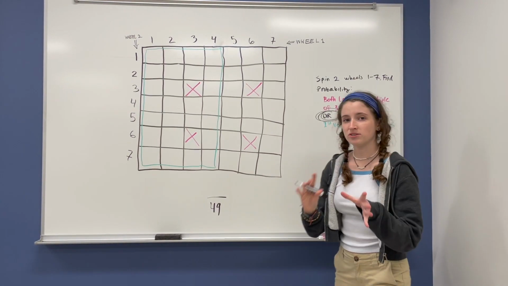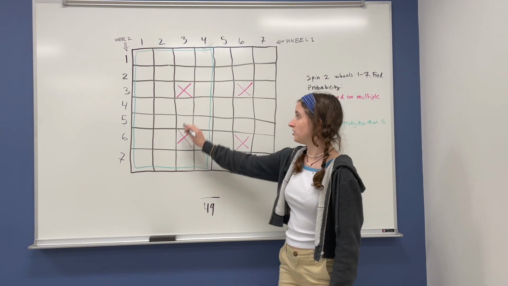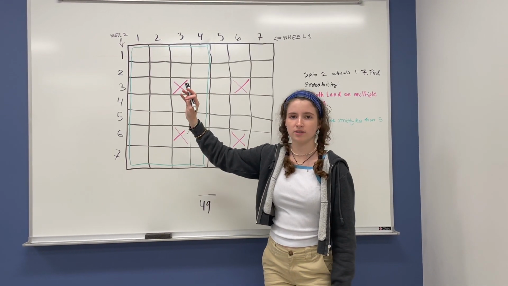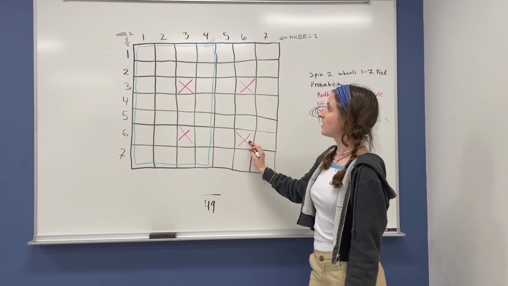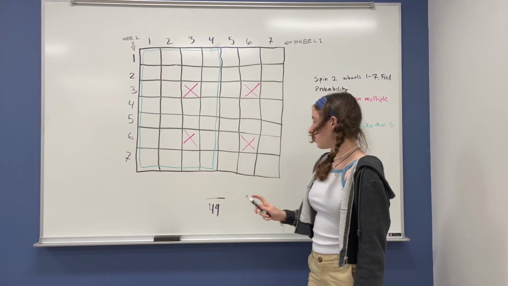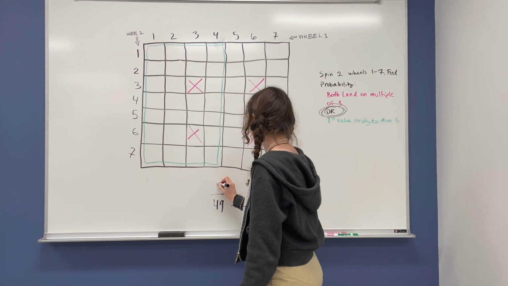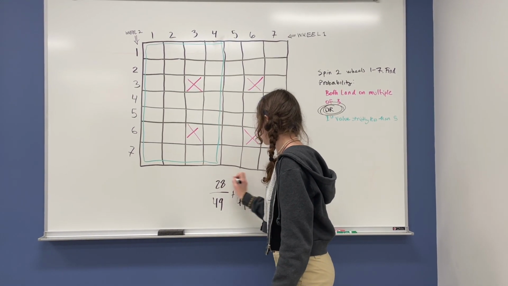A lot of people make the mistake of counting everything and not subtracting these 2 cases that you're going to count twice. Does that make sense? Because you can count 4 out of 49 cases here, and then you can count 28 out of 49 cases here, but the right answer is not that.